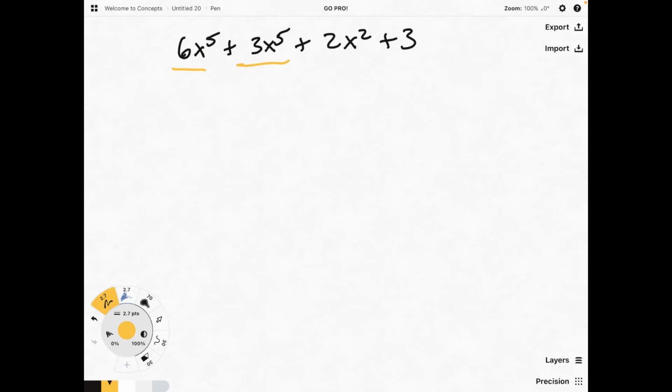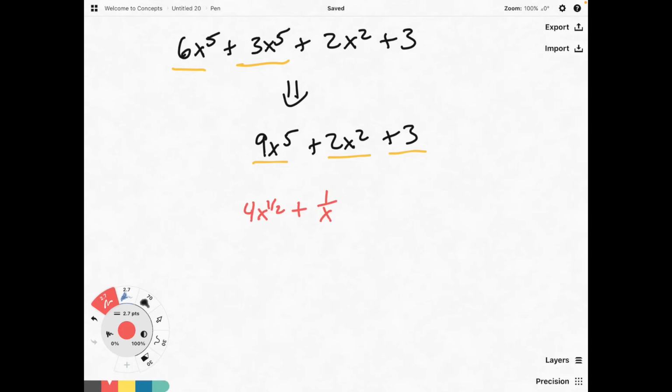In this case, this would simplify to 9x to the fifth plus 2x squared plus 3. Because we have three separate terms, it is considered a trinomial. If we look at this example, 4x to the 1/2 plus 1 over x, this would simplify down to 4 square roots of x plus 1 over x.